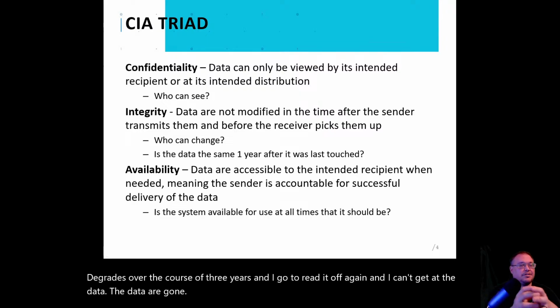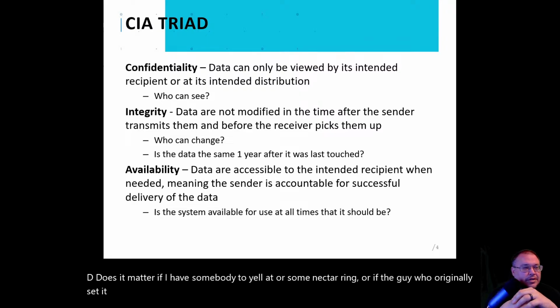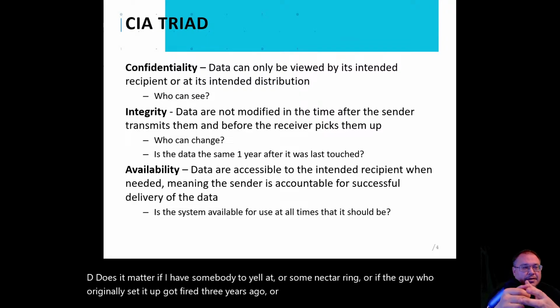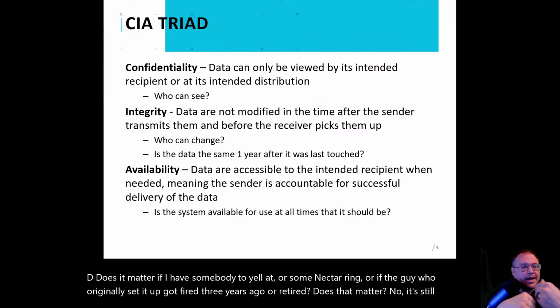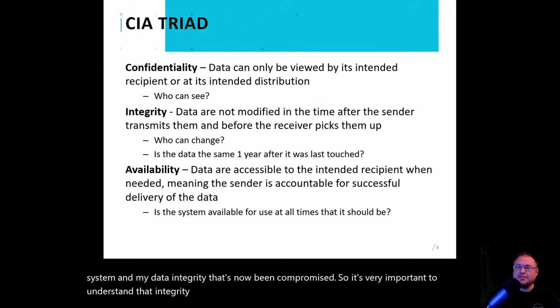Does it matter if I have somebody to yell at or some neck to wring, or if the guy who originally set it up got fired 3 years ago or retired? Does that matter? No, it's still my system and my data integrity that's now been compromised. So it's very important to understand that integrity doesn't just have to do with malicious things and malicious changing.